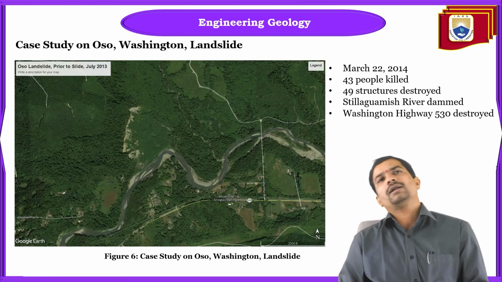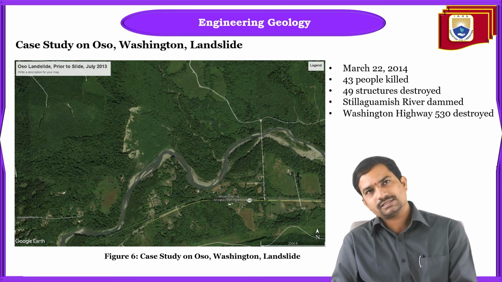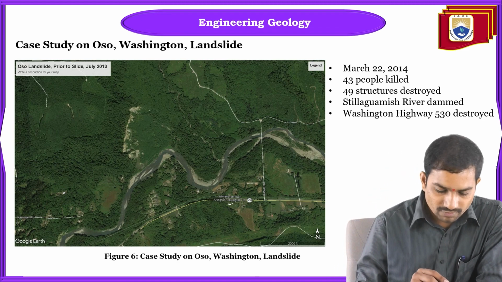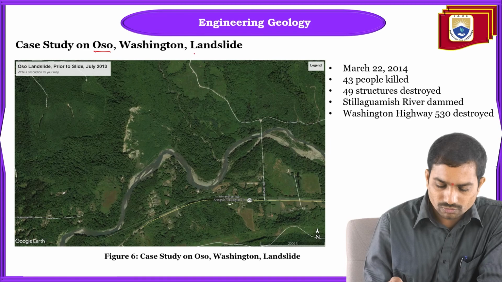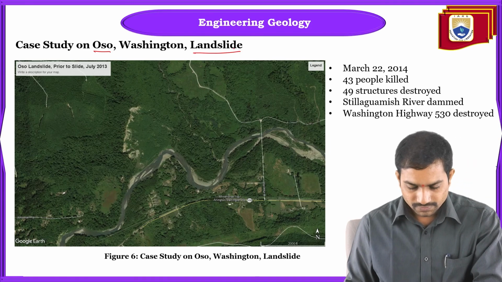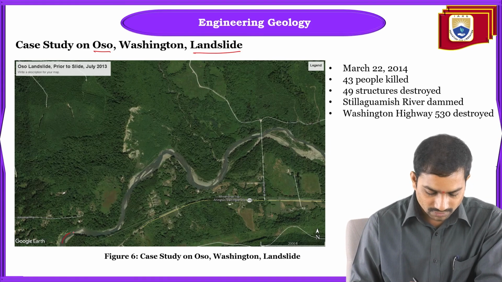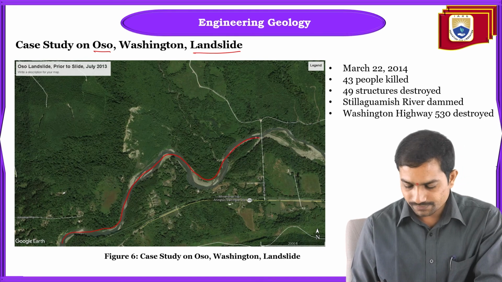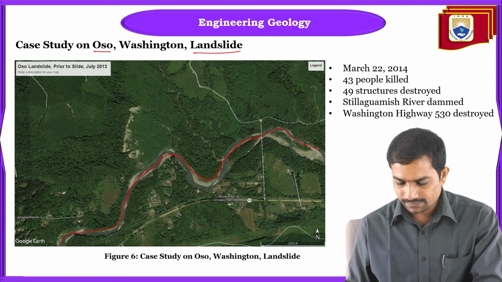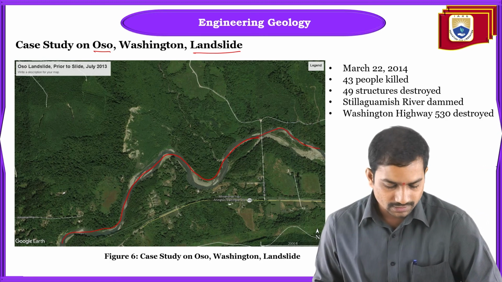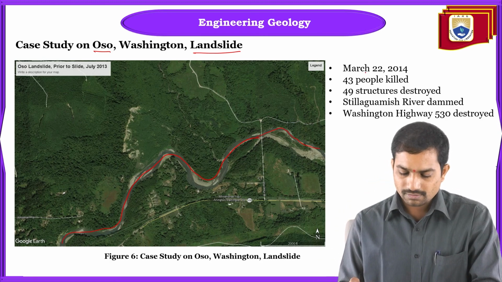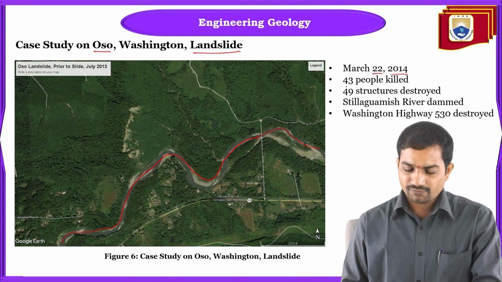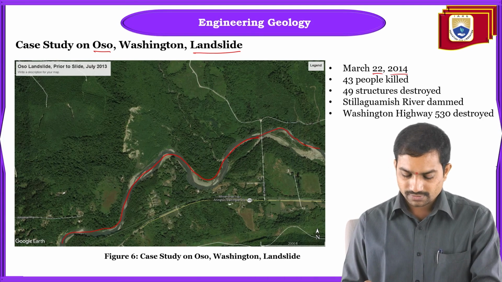Additionally, now we are going to see a case study which is at Washington. The name of the slide is Oso Landslide, where this is the flowing river. In March 2014, 43 people were killed and 49 structures were destroyed.